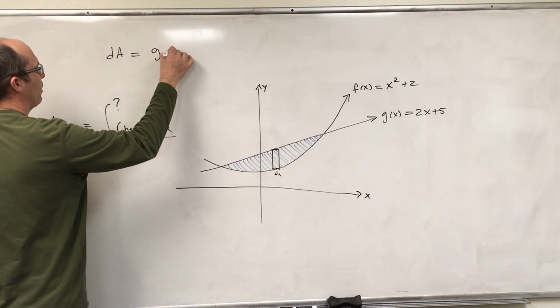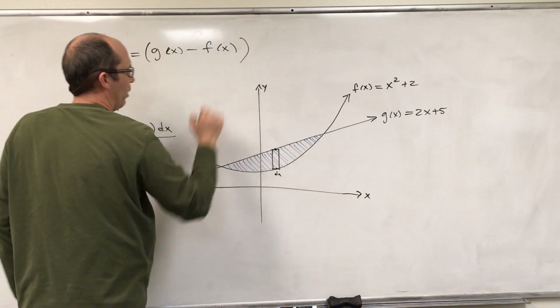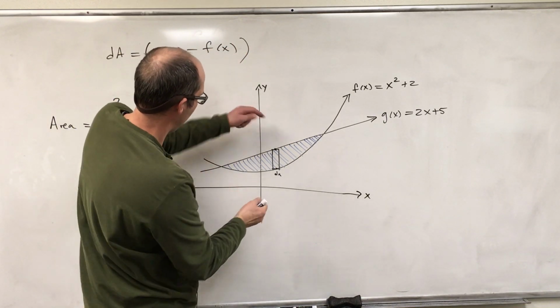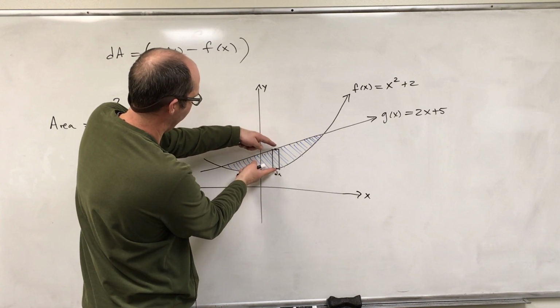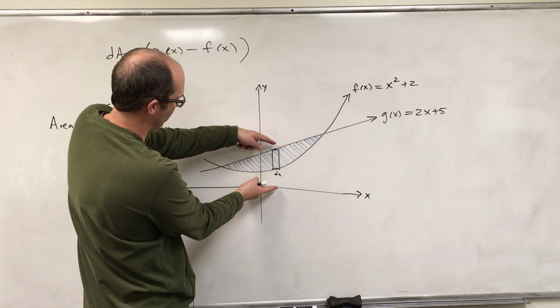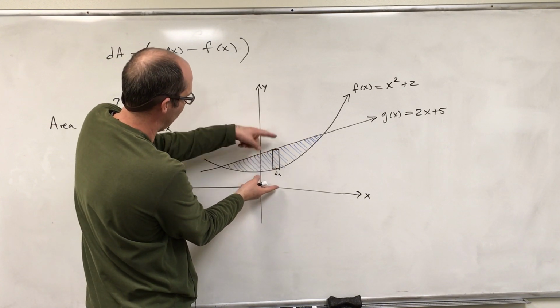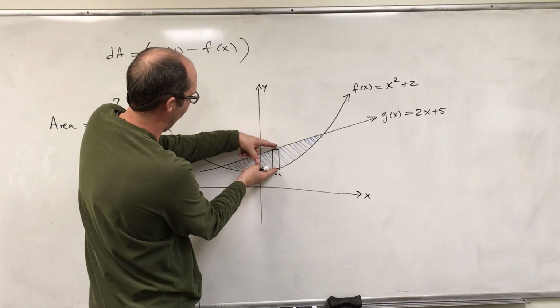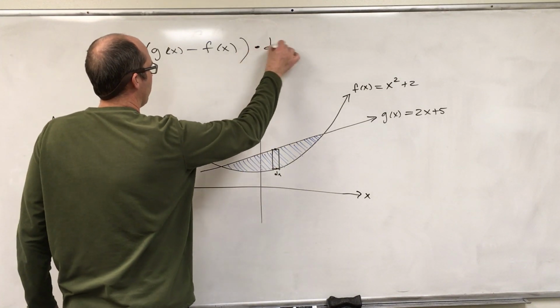So we have g of x minus f of x. The way to see that is g of x minus f of x gives you the actual height. So g of x is that distance, f of x is that distance, so you have g of x minus f of x. And then we need our width, which is dx.